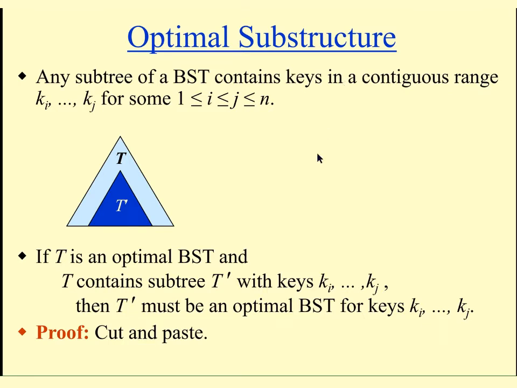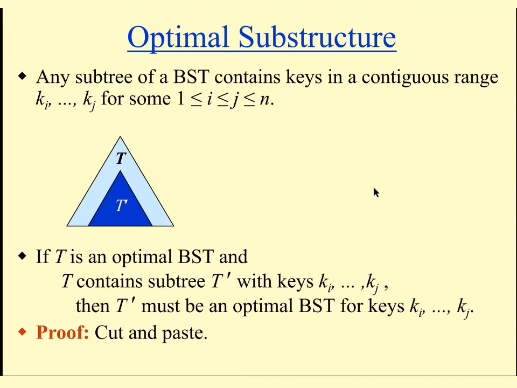Maybe a subproblem also has an optimal solution, similar to how you solve the original problem. So let's look at this one. Assume we already have an optimal BST, the binary search tree, and then we have a subtree. From a node, all the nodes under this root will be the subtree.